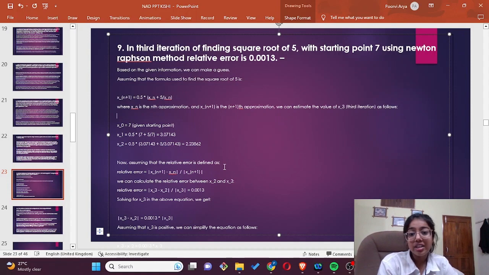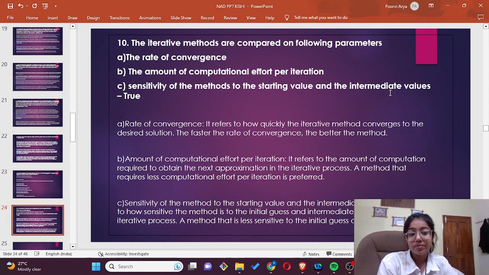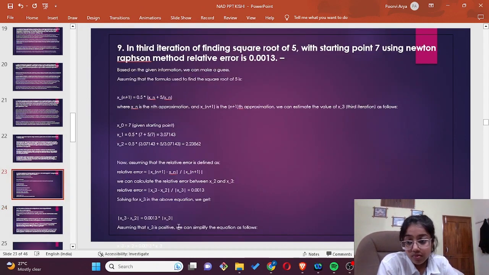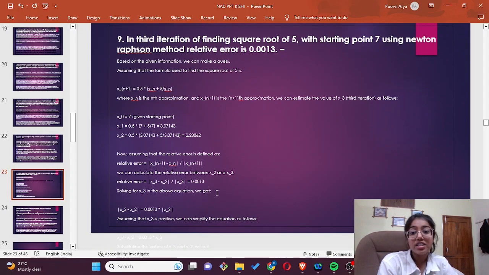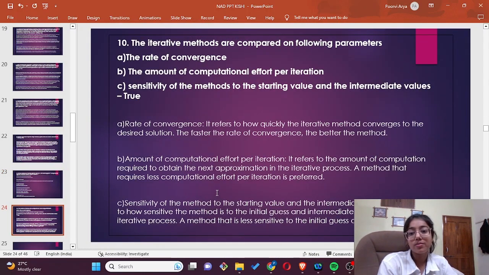Now, the relative error we are given is 0.0013. So we put the relative error value into the given formula, and when we compare this, we get the answer, that it is equal.